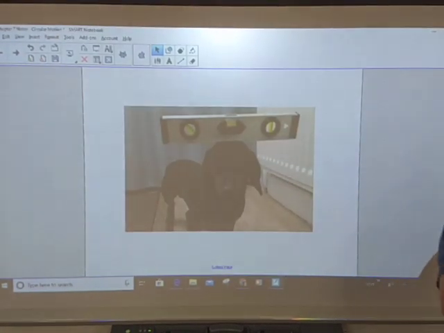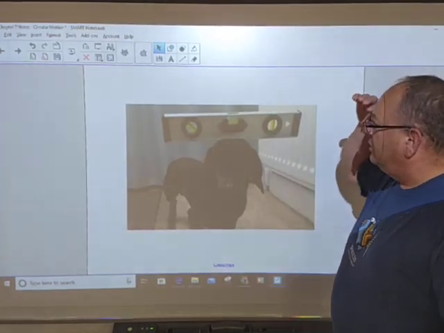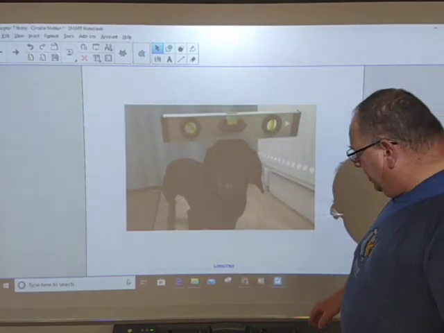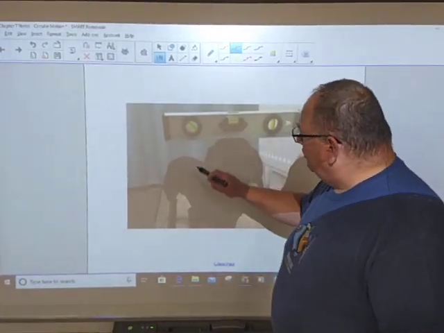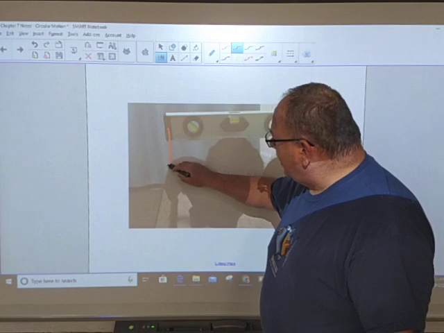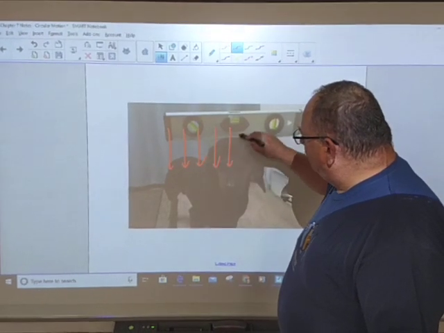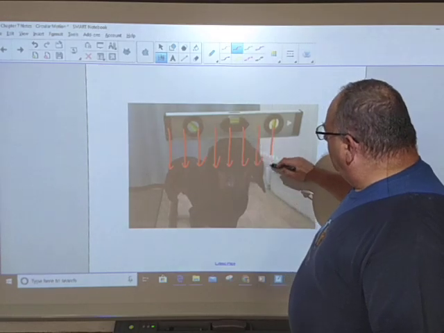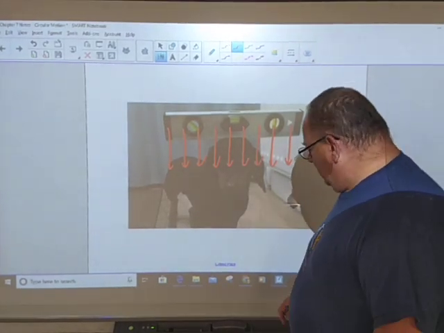So here we have a wiener dog who's trying to level up. And we can picture that with this level, every single bit of this level has mass or weight. So all of these bits of the level are all pulling down due to gravity.